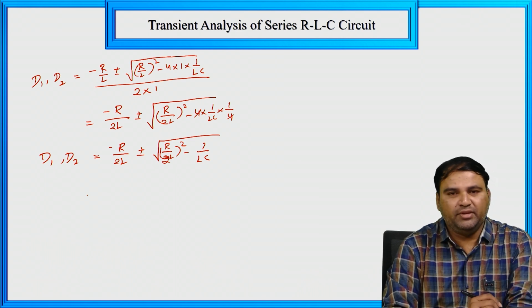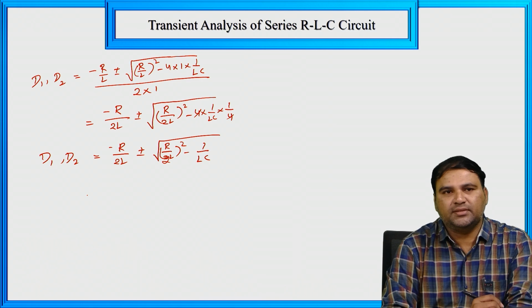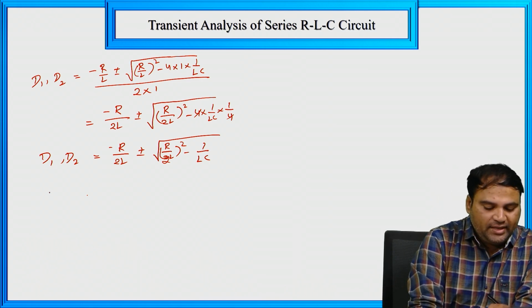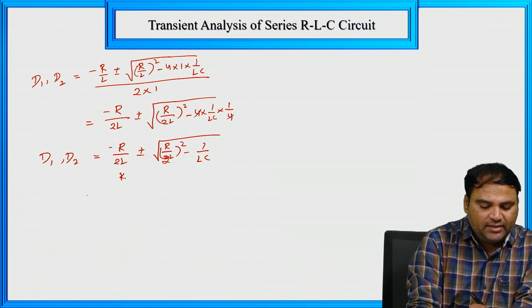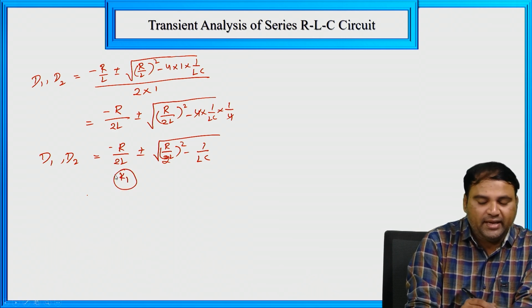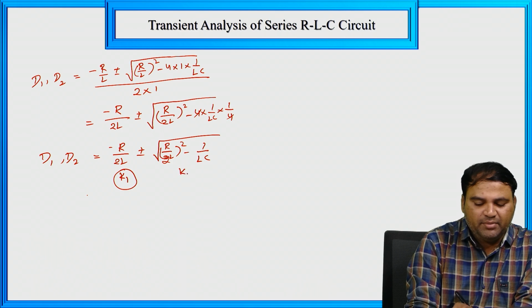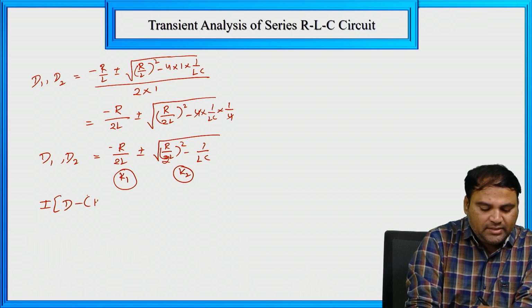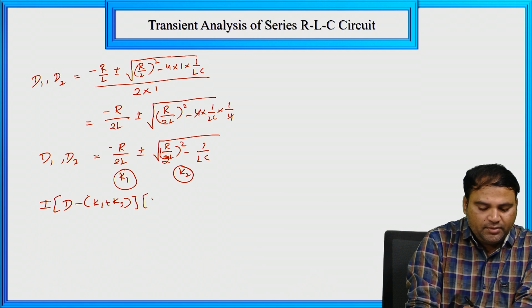Now by solving the entire equation, we will get the current response. Let us take minus R by 2L as K1 and the square root term as K2. Now the equation will be like this: (D minus K1 plus K2) into (D minus K1 minus K2) equal to 0.